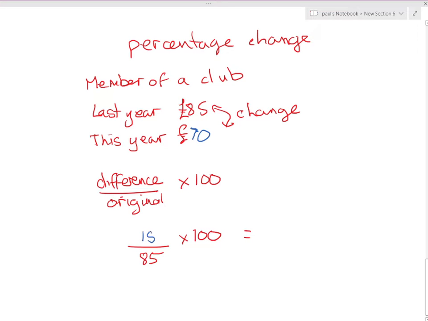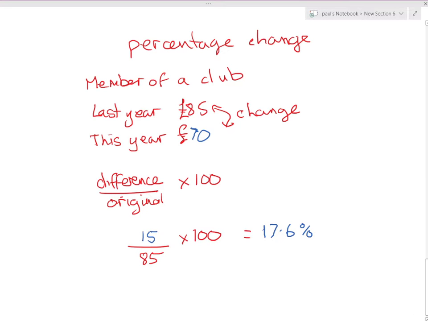It's always going to be a positive number. The original is still the 85, so it's 15 over 85 times 100. So 15 divided by 85 times 100 is 17.6%. Always calculator questions. So percentage change.